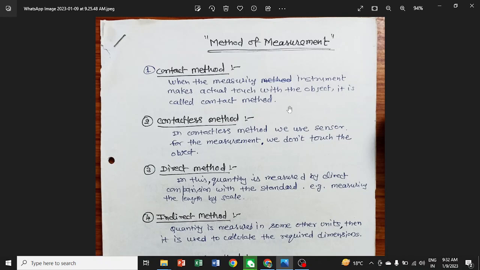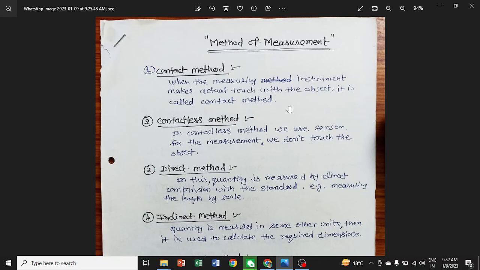Second is contactless method. In contactless method, we use sensor for the measurement. We don't touch the object. There are many situations. A very good example is the covid period, corona time. For measuring the temperature, a lot of companies were using contactless method.